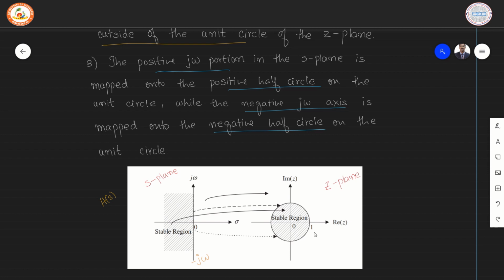The region inside the unit circle is called as a stable region. Whereas for the S plane, the region on the left of the imaginary axis is called as a stable region. Now, the point number 1 mentions that the region on the left maps to inside the unit circle.